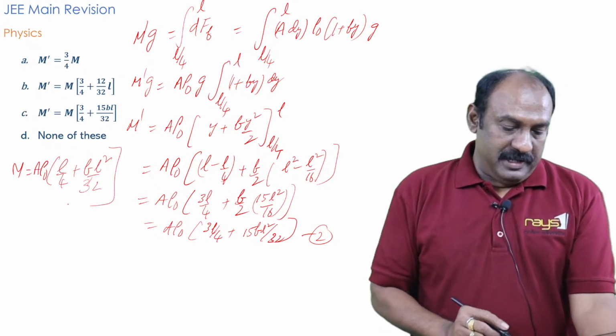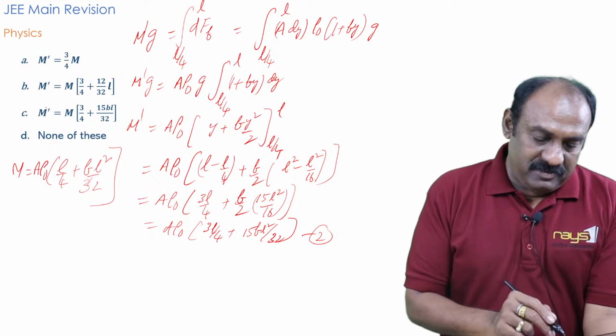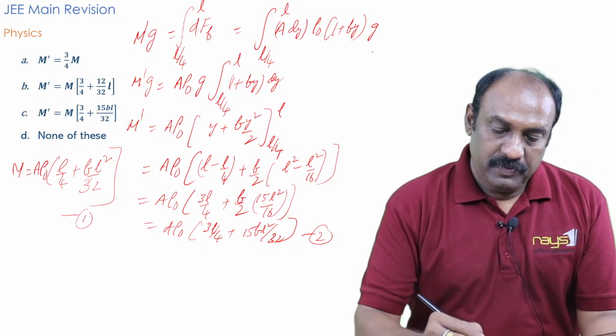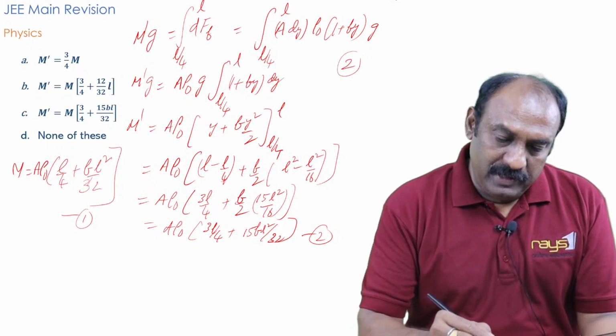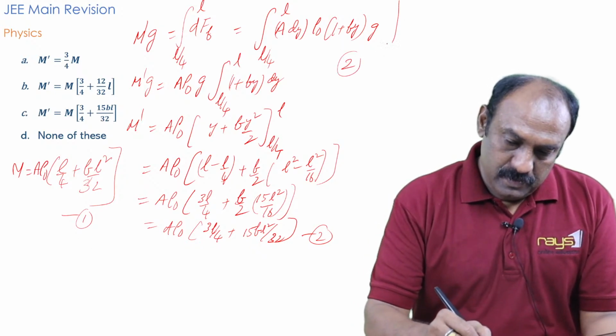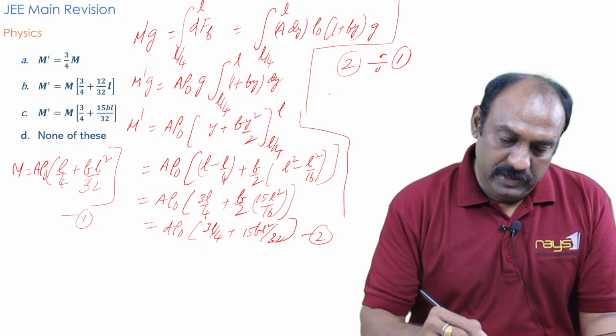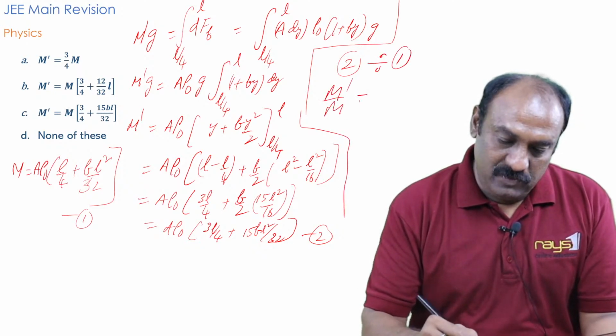What we want here, see the options, is m dash in terms of m. So by dividing equation 2 by equation 1, we get m dash by m equal to some term.